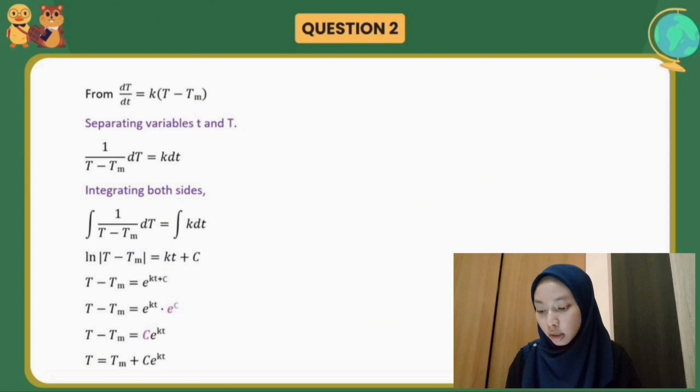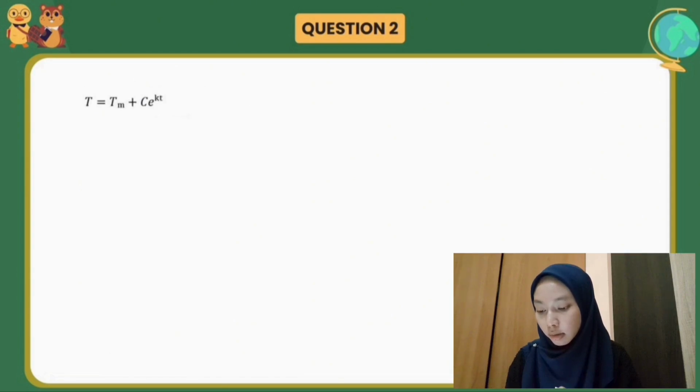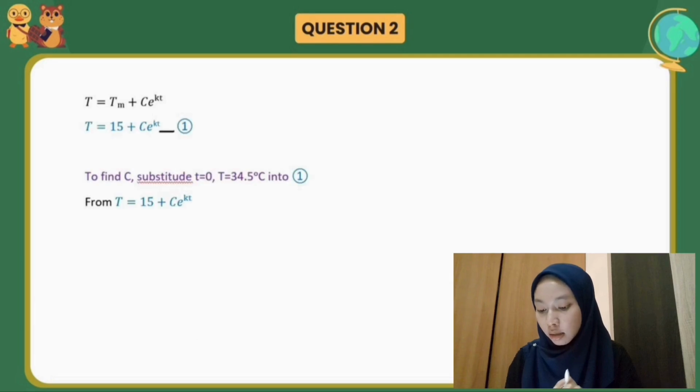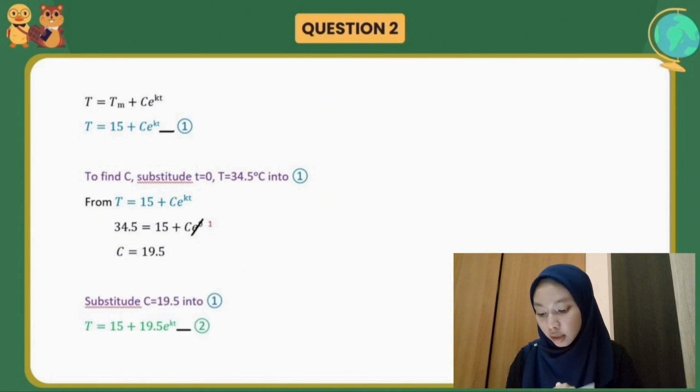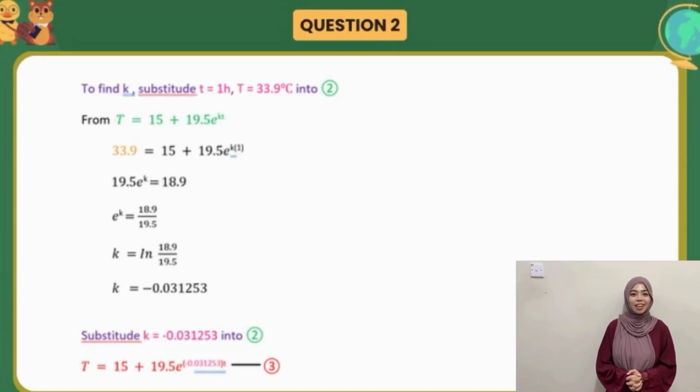And here, with T equals Tm plus C e^(kt), we can find C. We substitute t equals 0, while T equals 34.5 degrees Celsius, and Tm equals 15. And we will get C equals 19.5. And substitute C equals 19.5 into the second equation. Next, to find k, we need to substitute t equals 1 hour, T equals 33.9 degrees Celsius into equation 2.